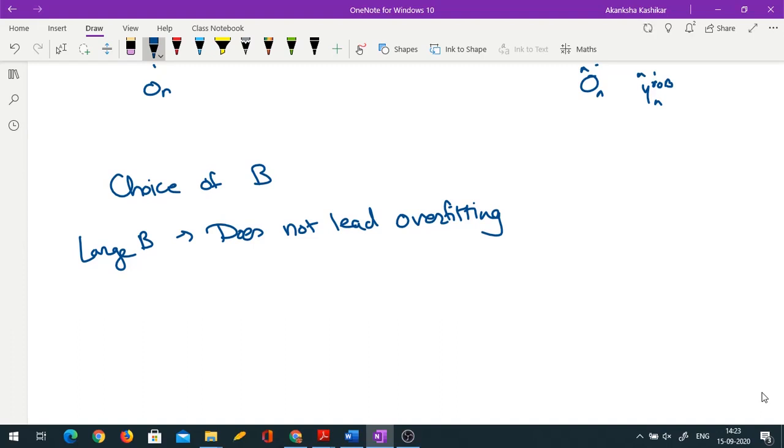Why? Because even if you have large B, you are not making a single model too flexible. What you are doing is having B models. Every model is technically on a different sample, at least a portion of that sample is different. As a result, large B does not lead to overfitting. So you can play safe and take a very large B.